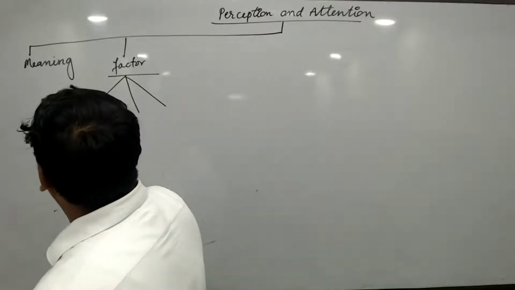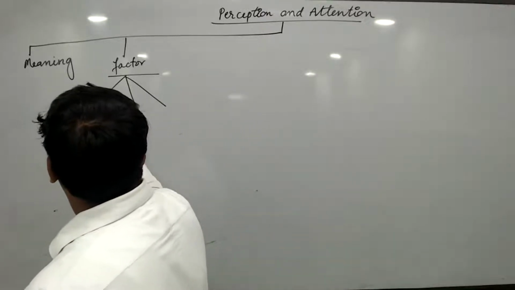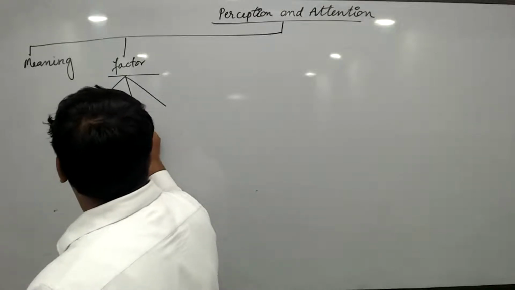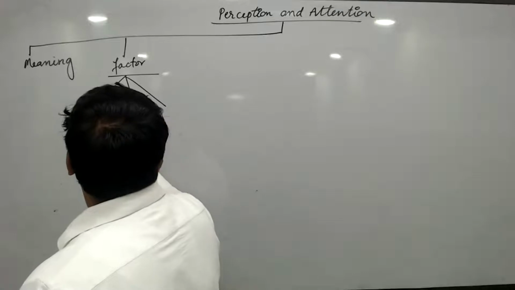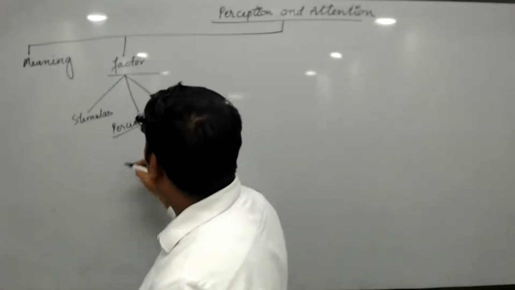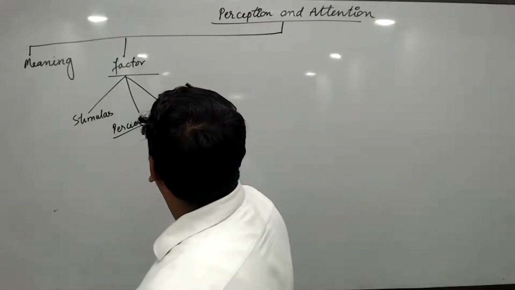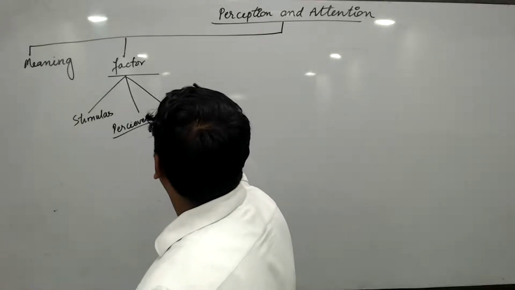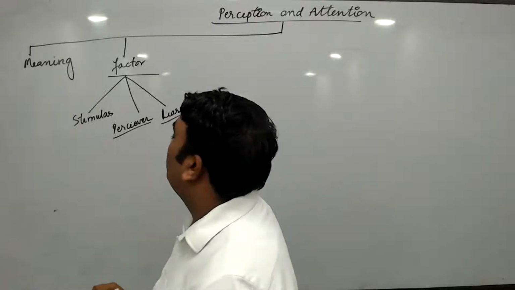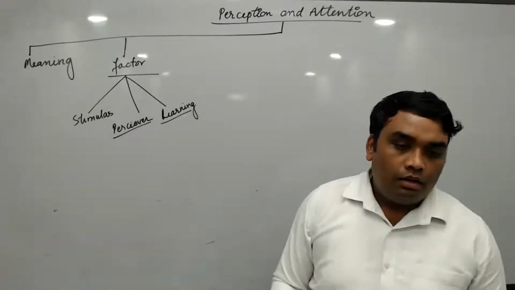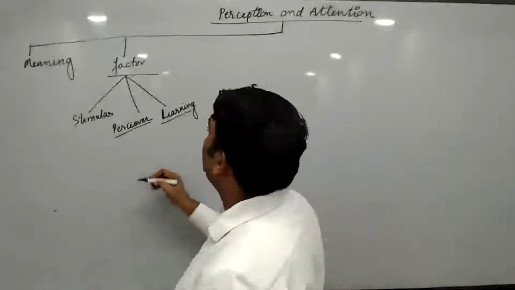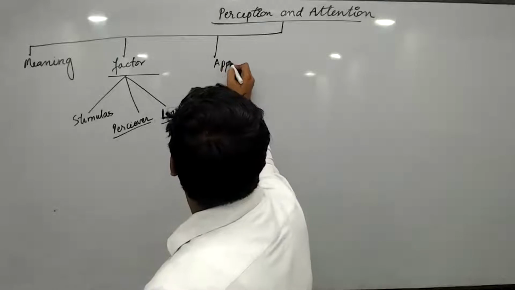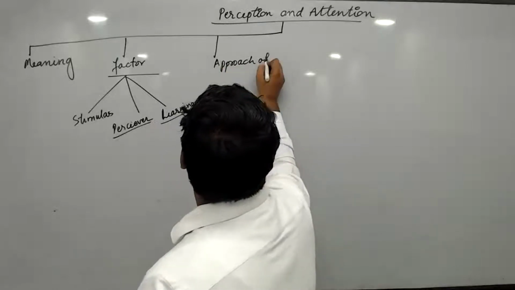First is stimulus, second is perceiver, and third is learning. So these three factors influence perception, and then next is approaches of perception.